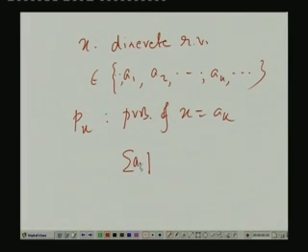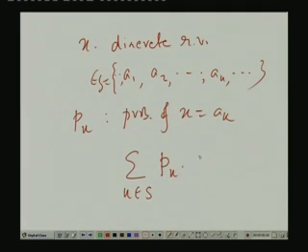the sum over a k, if you call this set S, k over S, of the probability p k multiplied by e to the power j omega a k.